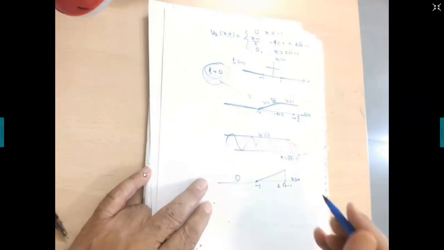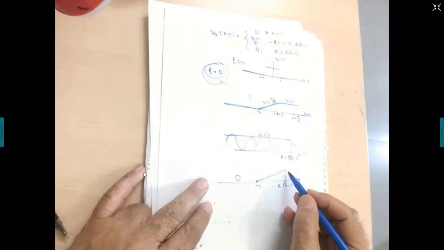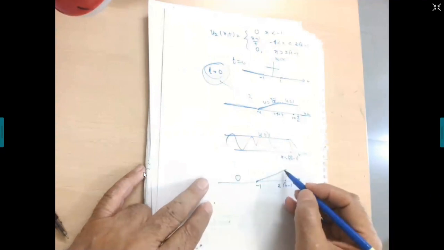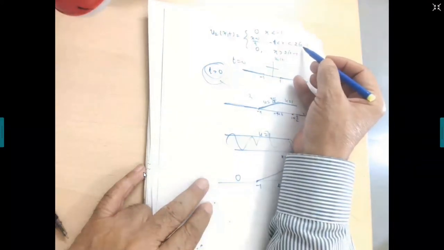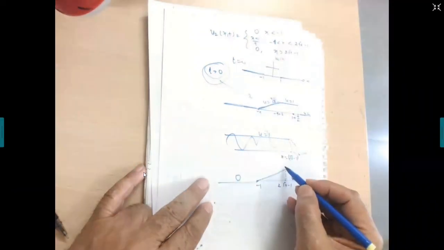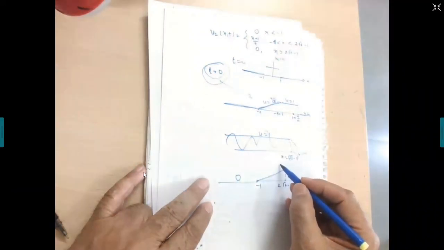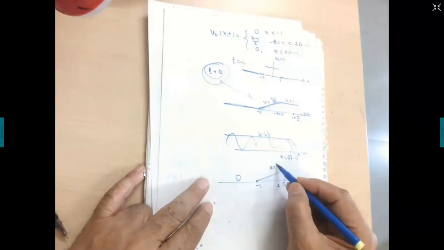So what do we infer here? You can see this solution. What is the value of u here? Can we find out? As x approaches 2 root t minus 1, u is equal to x plus 1 upon t.